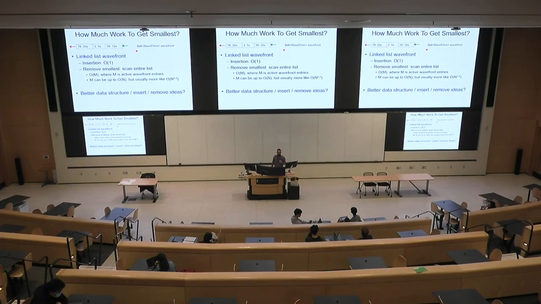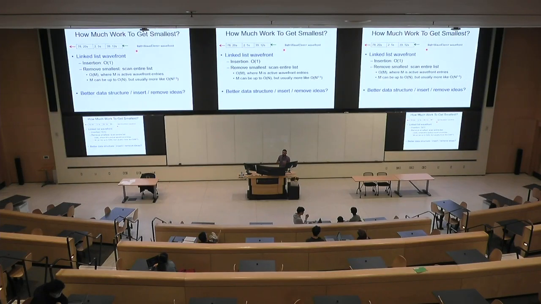But that's still a lot because now we are doing, let's say, the worst case, which is O of m where m is equal to n. And remember, we are visiting each node in the breadth first search at least once. Okay, so if we do this in each iteration, trying to find the node with the minimum travel time, now we're having an overall time complexity of O of n squared.